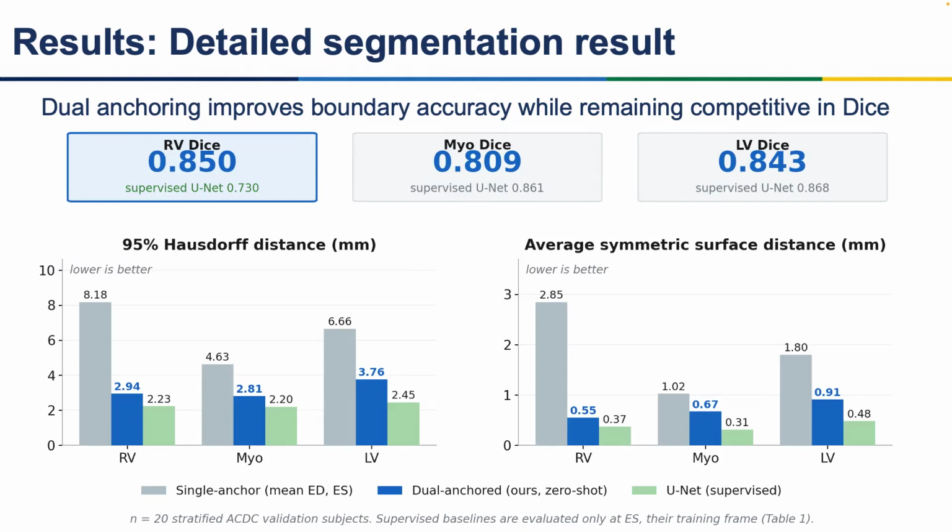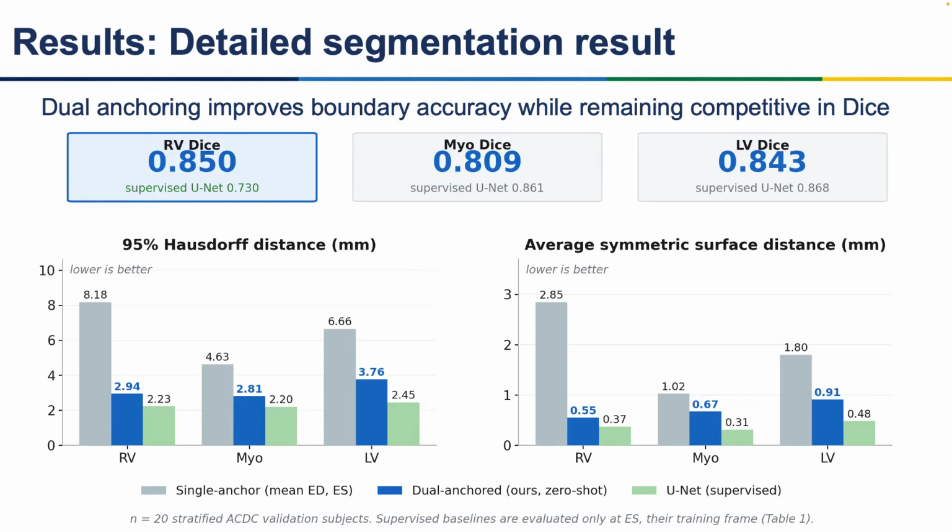HD95 and ASSD were consistently lower than the single-anchor MATSM2 variants across the 3 structures. The right ventricular result is particularly notable. The zero-shot dual-anchored method achieved the highest RV DICE among the evaluated methods. For myocardium and LV, the supervised UNET remains stronger, which is an important and expected advantage of task-specific supervision.